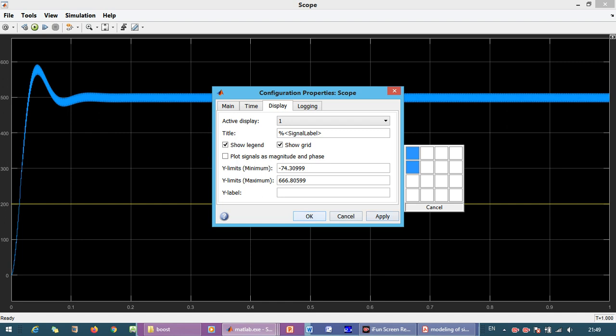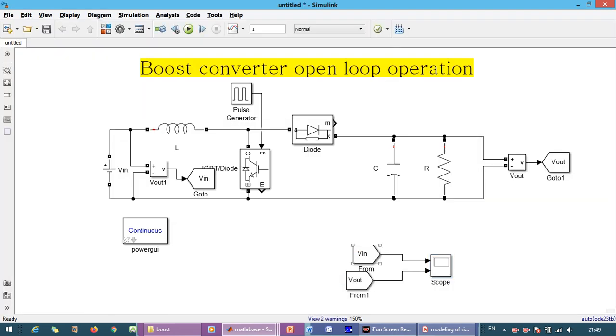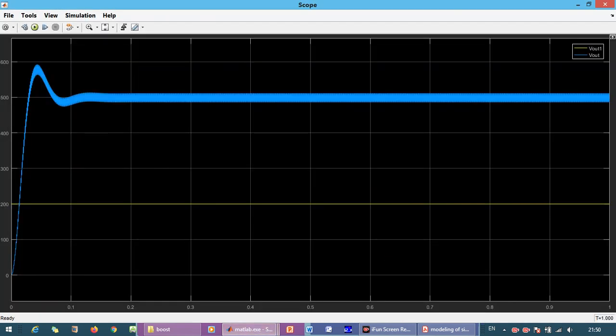Okay, so we just apply and make it okay. So you can see here the blue is Vout and the yellow is Vout1. We are getting the V in from Vout1, and the Vout is coming from Vout. Okay, so once again, this is your input voltage, this is your output voltage.